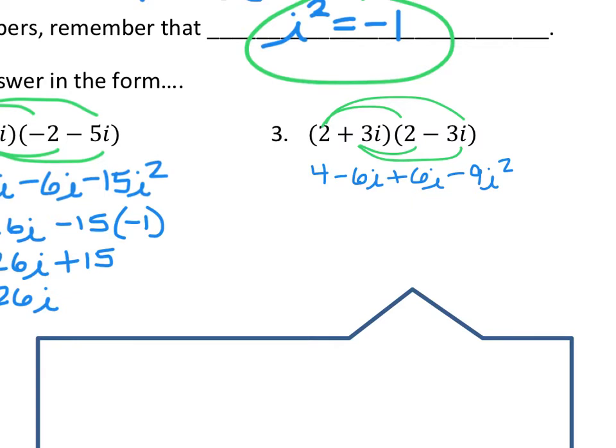So you can see right away the resulting opposites here, the negative 6i plus 6i, they're going to cancel or reduce to 0. And then I have left the 4 minus 9, and i squared is a negative 1. So I have 4 plus 9, which is 13. So this is a very important concept.